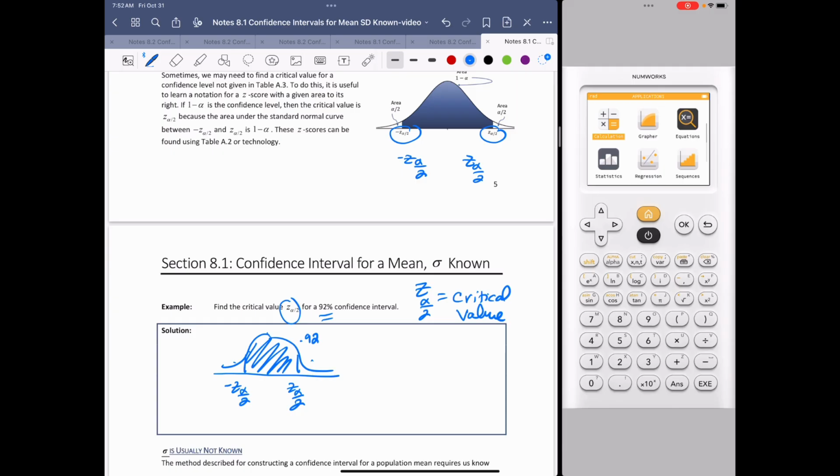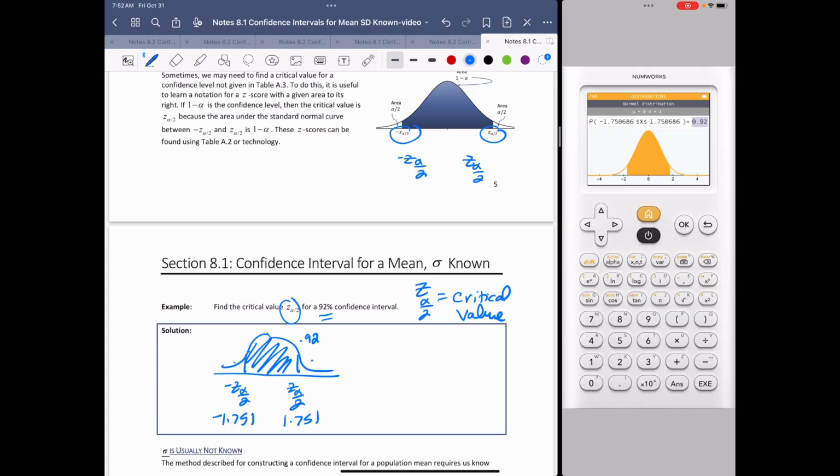And go to your calculator. I'm going to go to distributions. I'm going to go to a center tail, and I want my area to be 0.92. All right, so my 2 z-scores, notice I called it a z-score, same thing, it's a critical value, are negative 1.751 and positive 1.751.